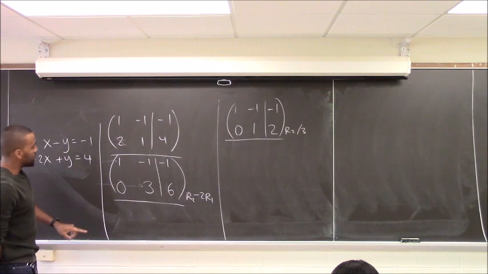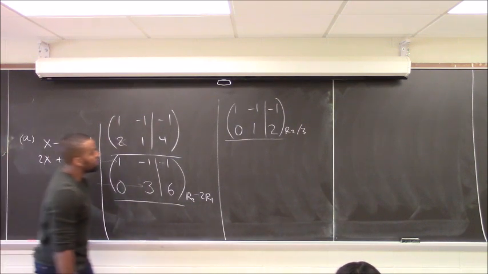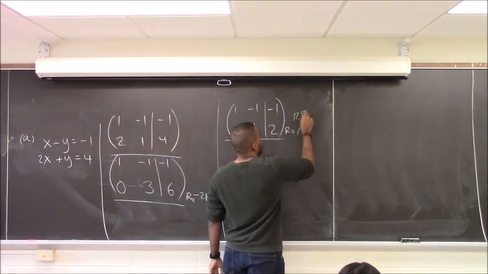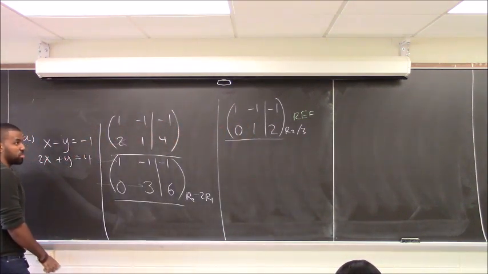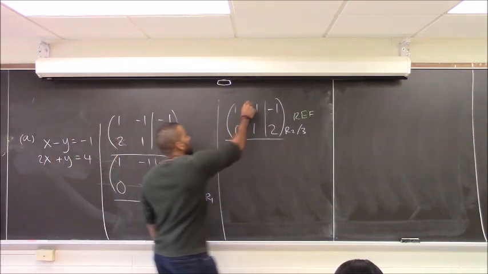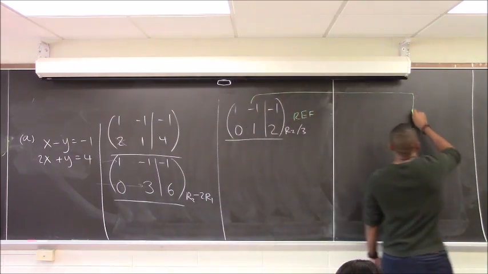I do want you to appreciate, though, that here we actually have a row echelon form. And it's possible to solve a system from the row echelon form. It will require some extra work.